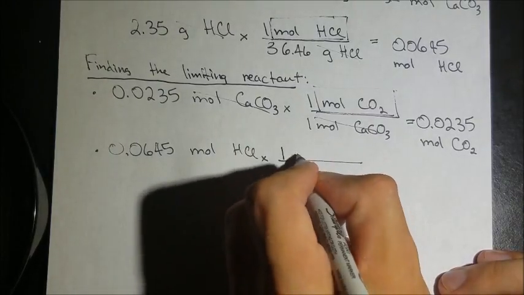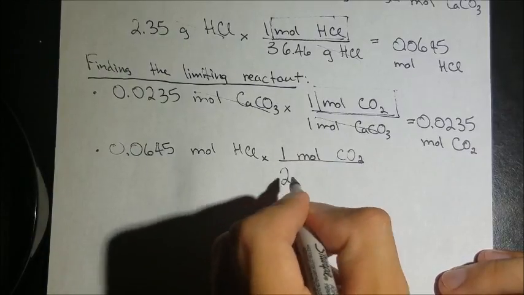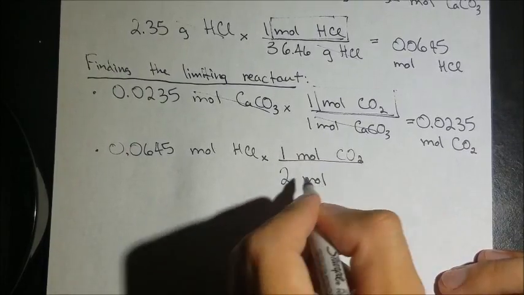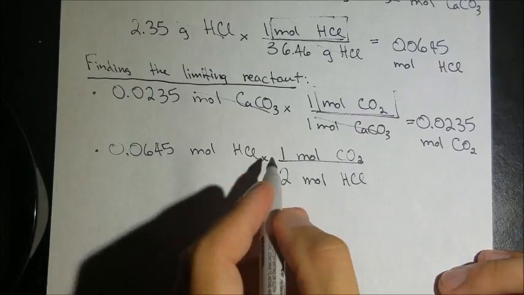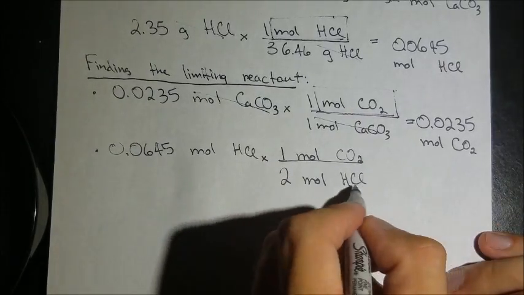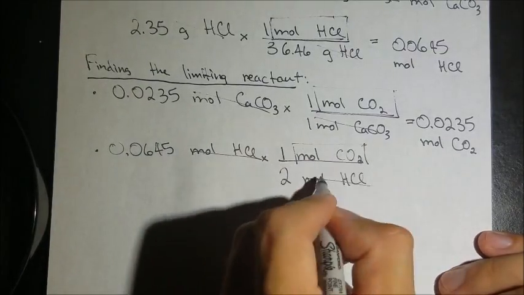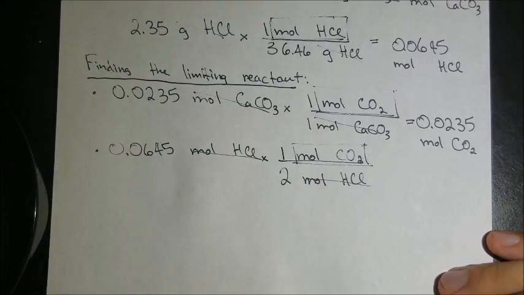So we say that for every 1 mole of CO2 that we produce, we consumed twice as many moles of HCl. There's a 1 to 2 mole ratio there of CO2 to HCl. Now our HCl moles cancel, and we are happily left in moles of CO2.